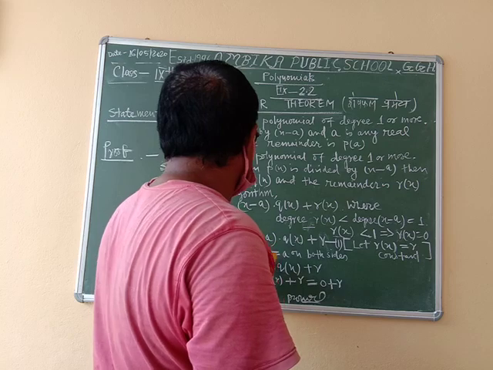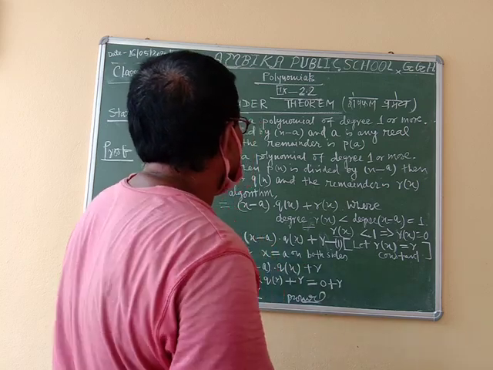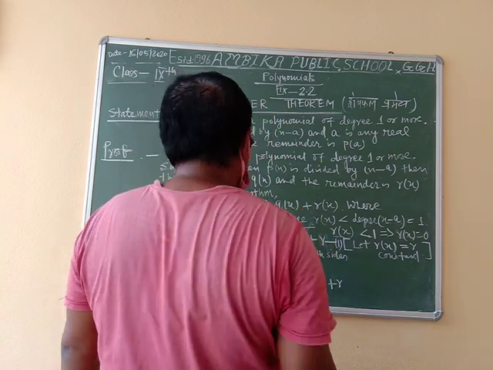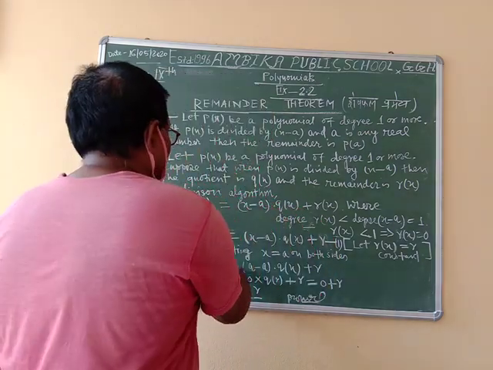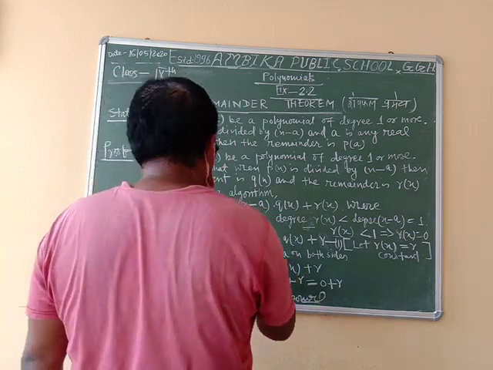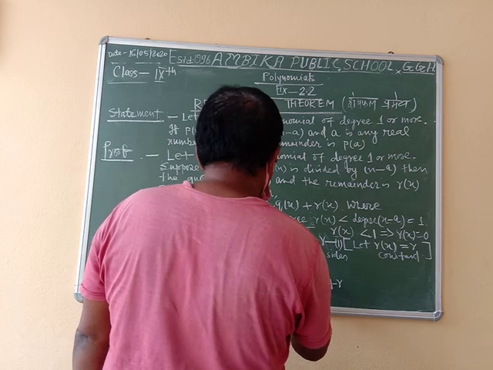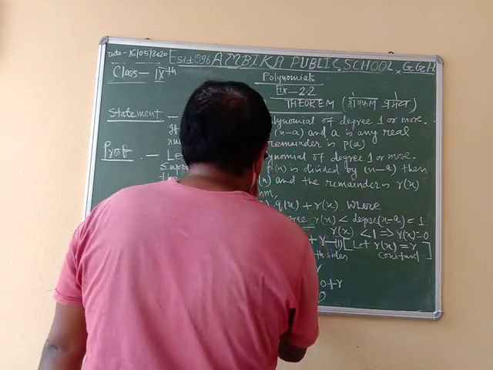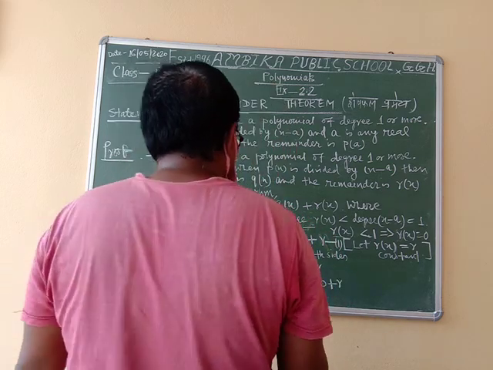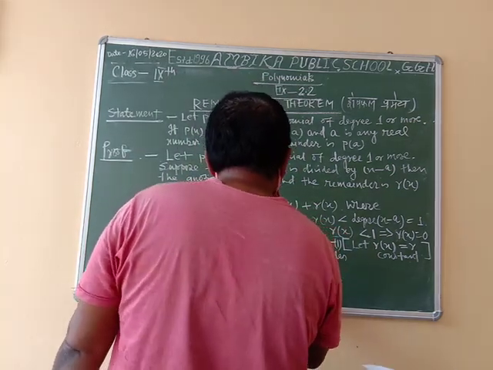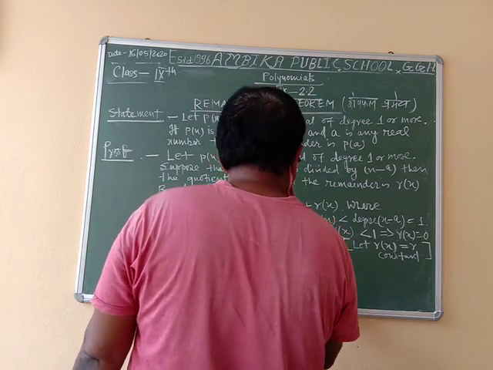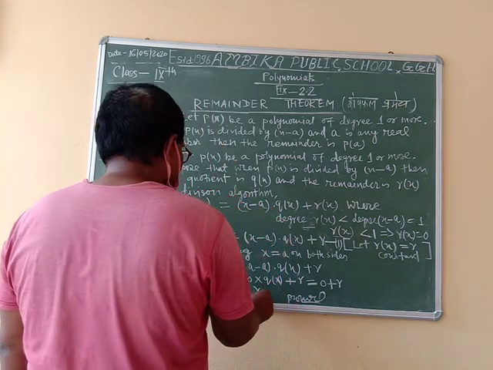On putting x is equal to a on both sides, p(a) बराबर a minus a, putting a in place of x, into q(x) plus r, या p(a) बराबर 0 into q(x), 0 into q(x) प्लस r या 0 प्लस r या p(a) बराबर r.